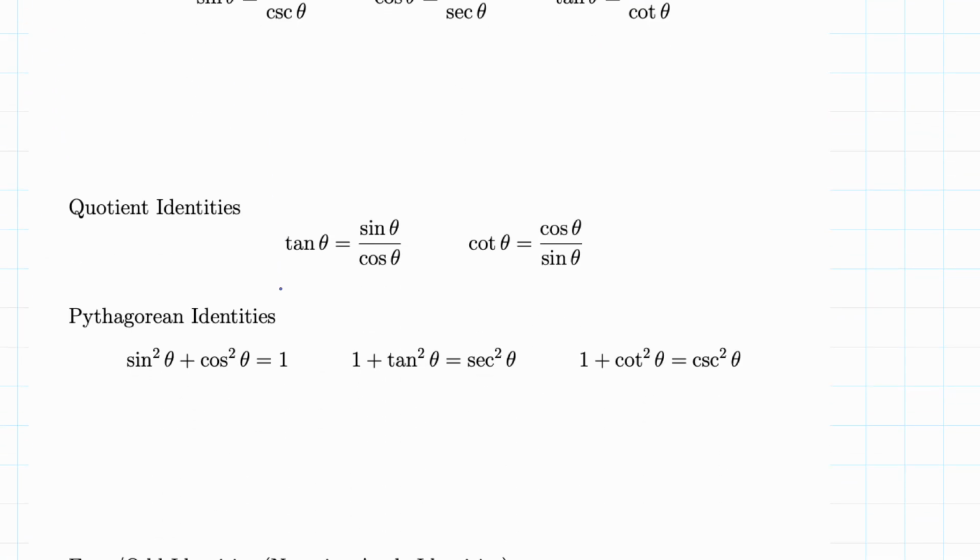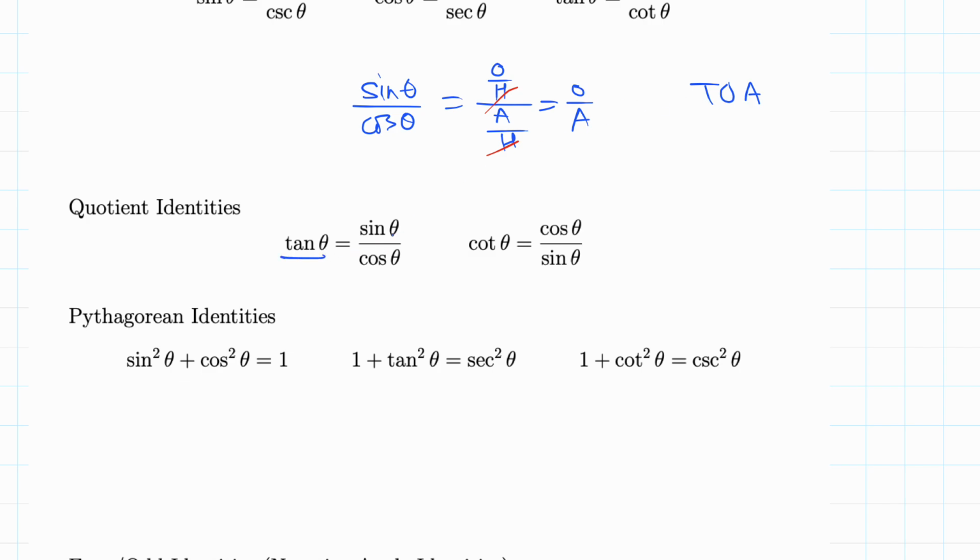Then we have quotient identities, 2 of them. If we find the ratio of sine and cosine, sine is opposite over hypotenuse, cosine is adjacent over hypotenuse, and if we simplify, it's going to be simply O over A. O over A means tangent.